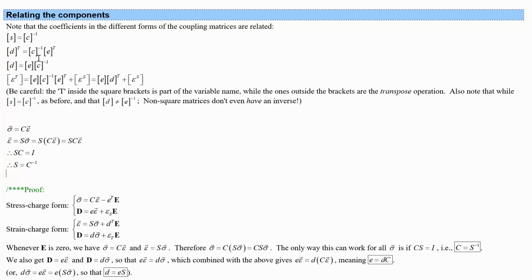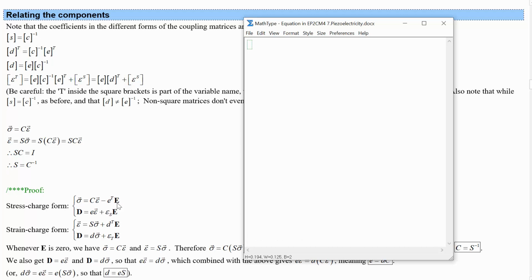So now we're going to look for a relationship between the piezoelectric coefficients. And the way that we can do this one is by taking another substitution through this, except this time we are going to imagine that, let's say, the stress is 0. So let's imagine that it's a free material.